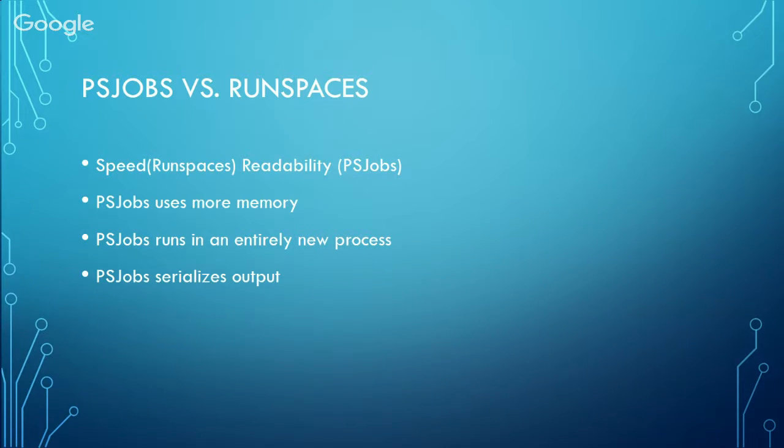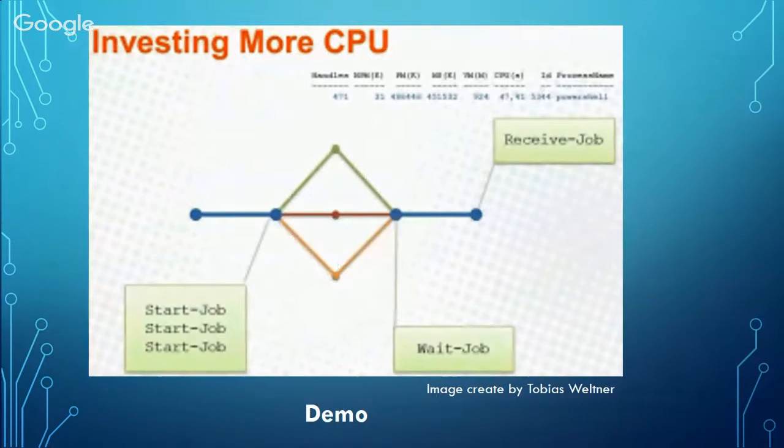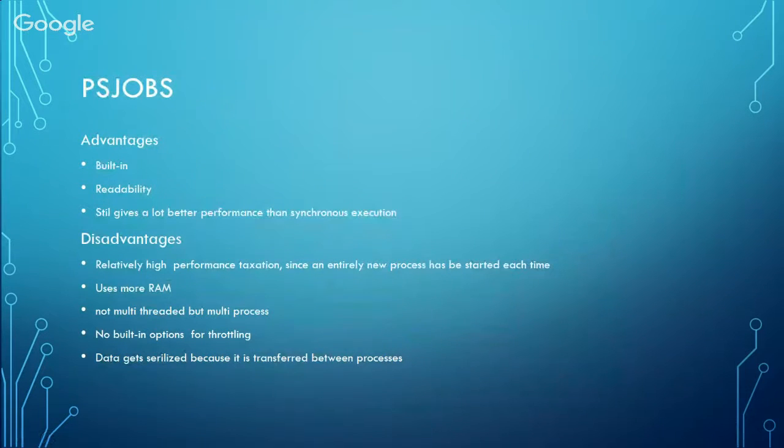Jobs use more memory because they start a full, entirely new process, and jobs serialize output, as we've been through. Some of the advantages: they're built in, better readability, and they give a lot better performance and asynchronous execution. As you saw, for very, very small jobs the overhead is too big, but running larger processes, there's a big advantage using them.